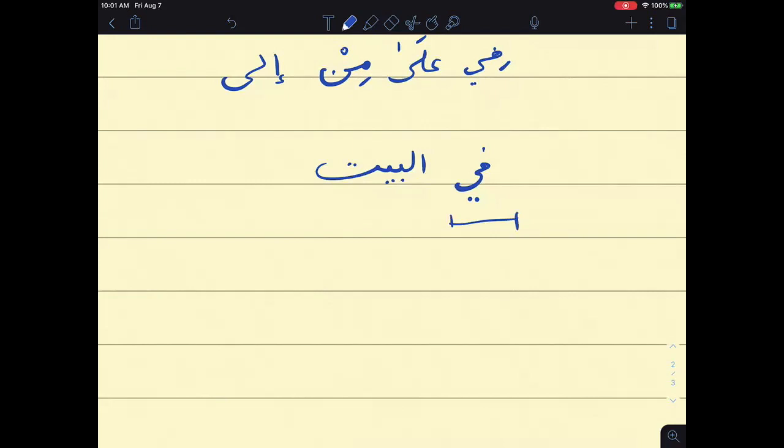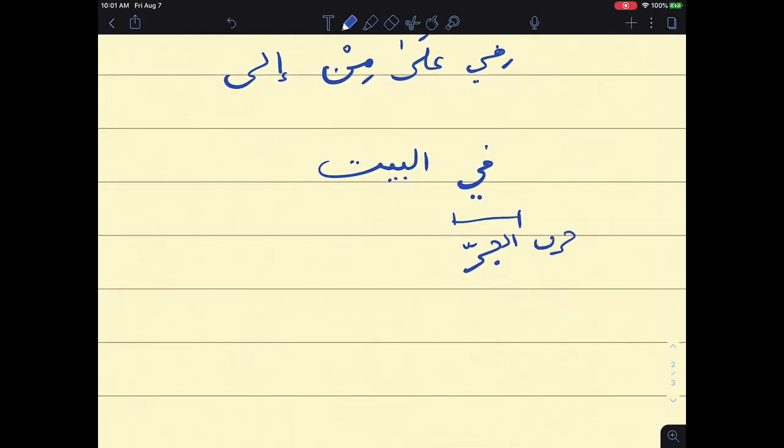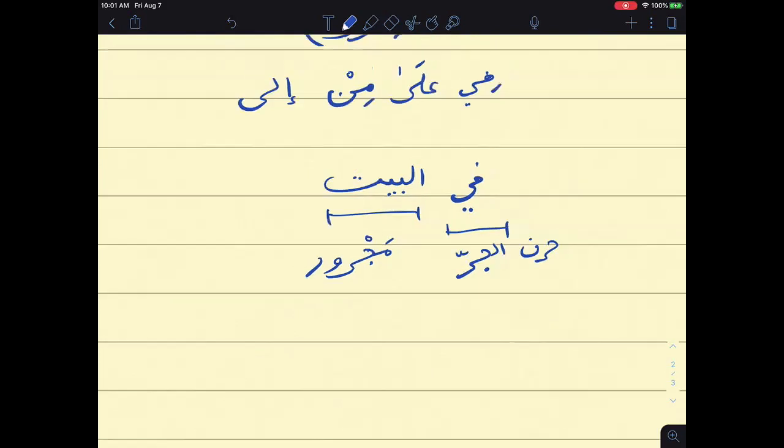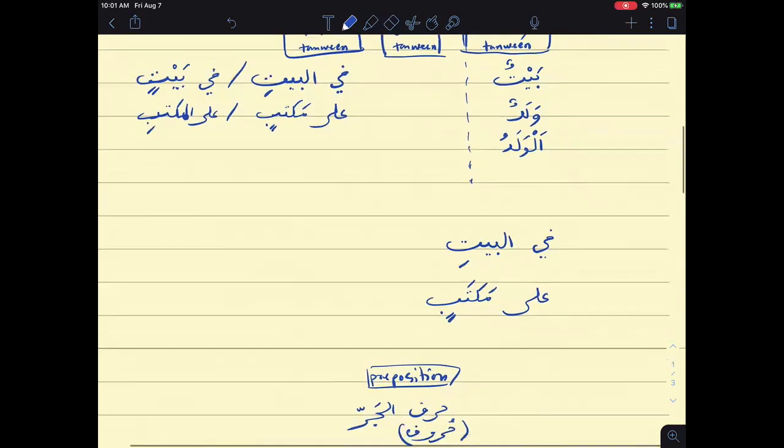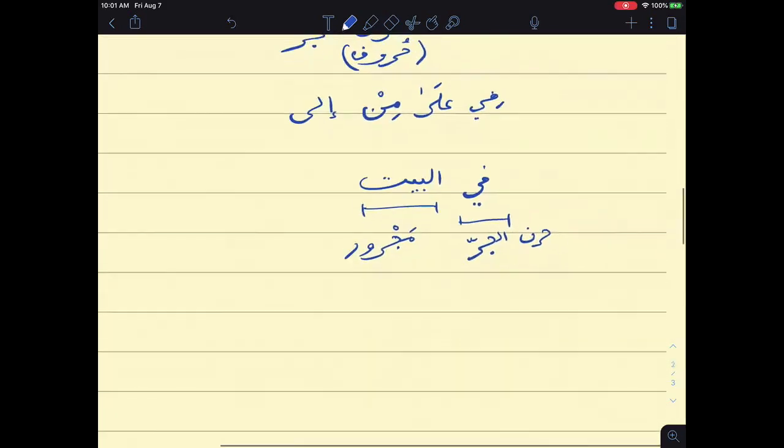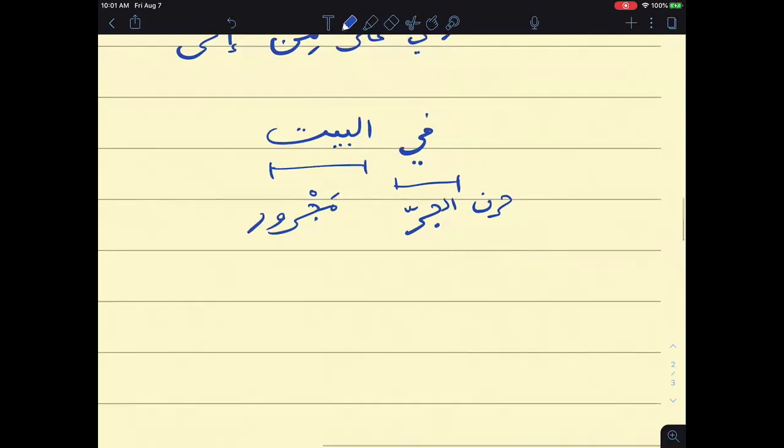So you have this harful jar, and this state will be called majrur. Majrur. Okay. I think you should know this term, it will be helpful. So you have a jar and majrur.